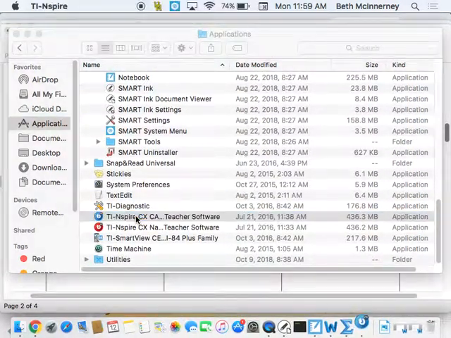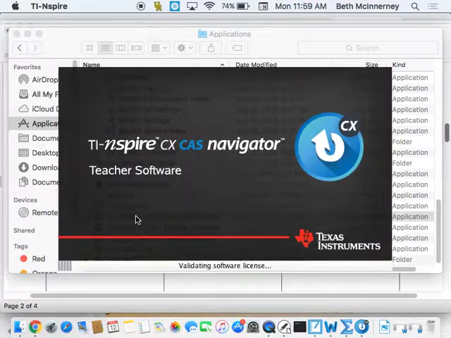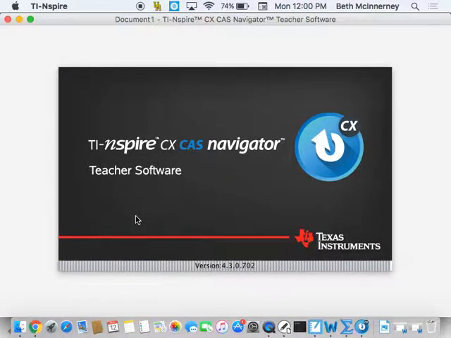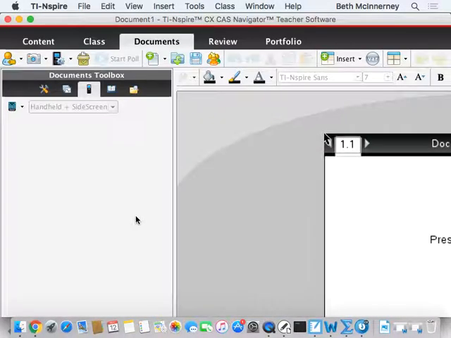If you have a graphing calculator, press your home screen, open a new document, and we're going to look at even and odd graphs. Let me show you what mine looks like, and we'll play with this a little bit.